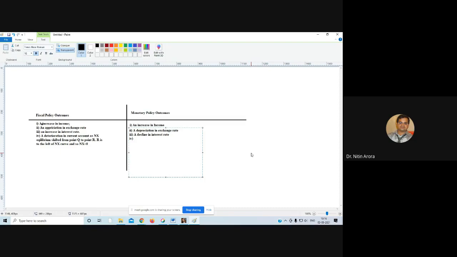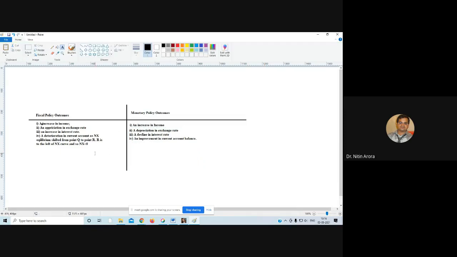Four, an improvement in current account balance, or probably a surplus in current account.